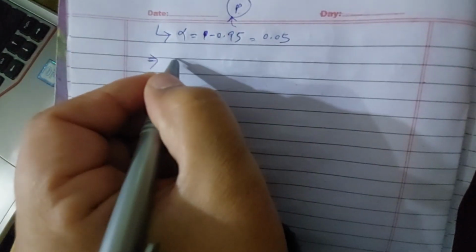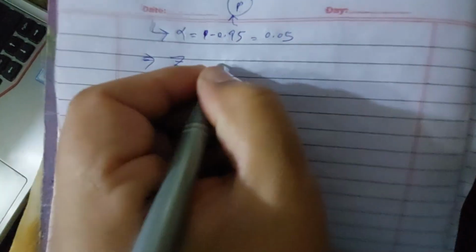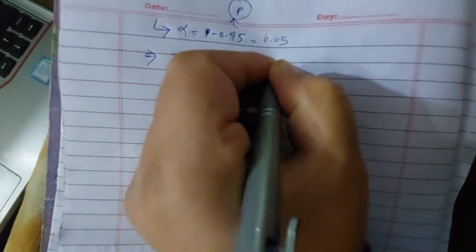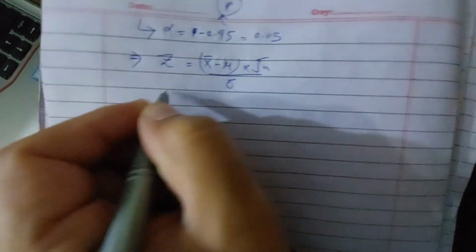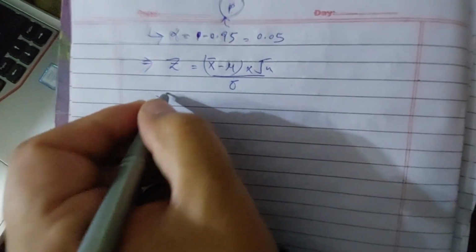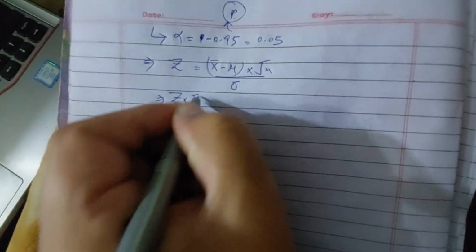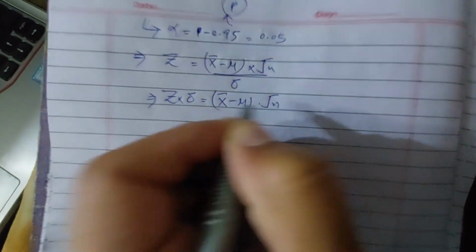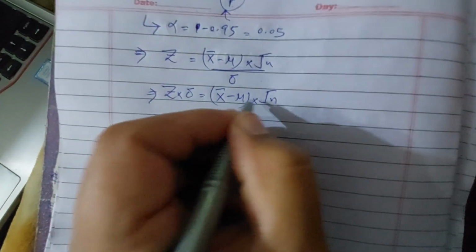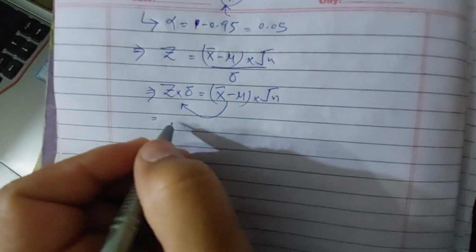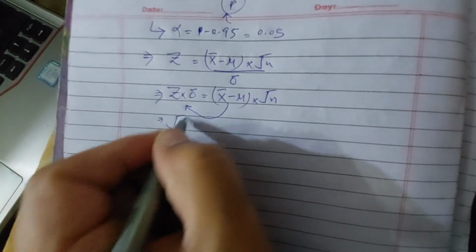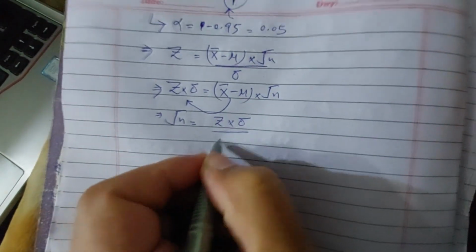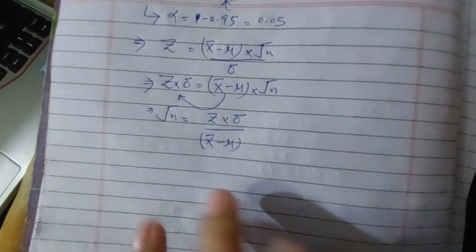So z is equal to x bar minus mu multiplied by the square root of n divided by standard deviation. So z multiplied by standard deviation is equal to x bar minus mu into the square root of n. Moving the multiplication to the other side, the square root of n is equal to z multiplied by standard deviation divided by x bar minus mu.